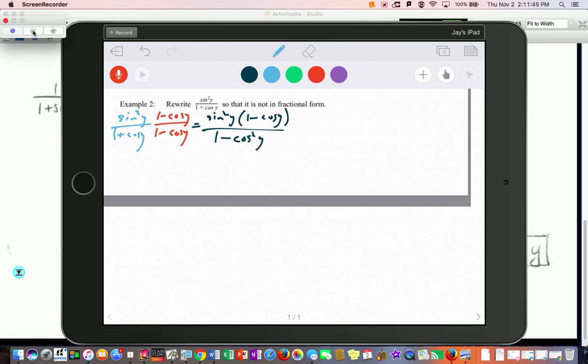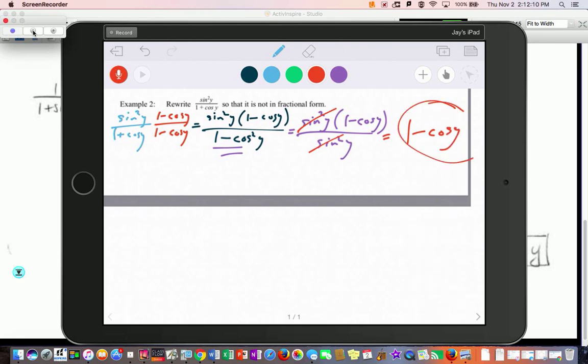I only have to do first and last when I do my conjugate of the bottom. Now the cool thing is that the bottom, 1 minus cosine squared, is sine squared of y, which you can cross off, and so I'm left with 1 minus cosine of y. No fractions. And that's it.